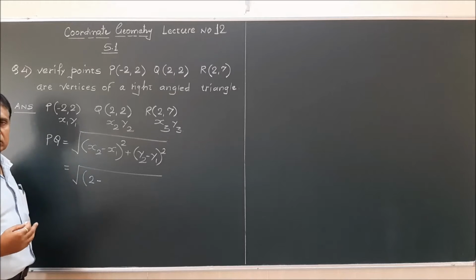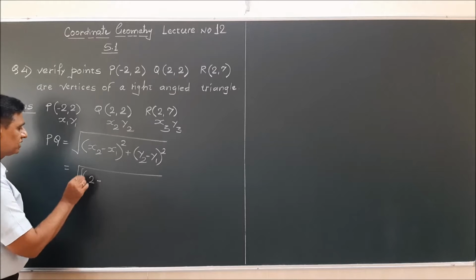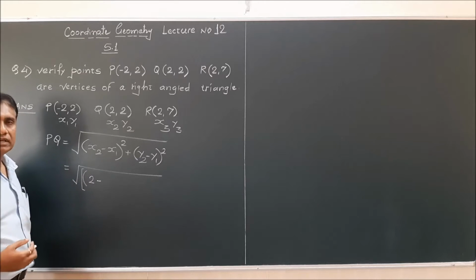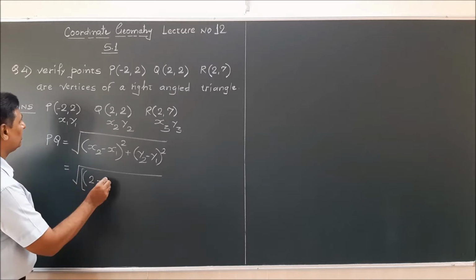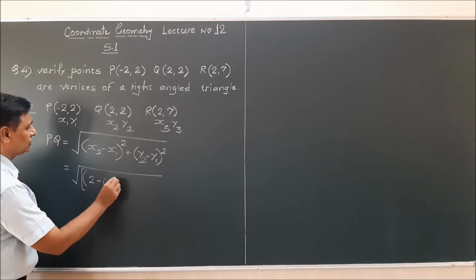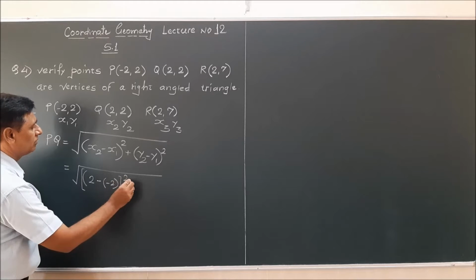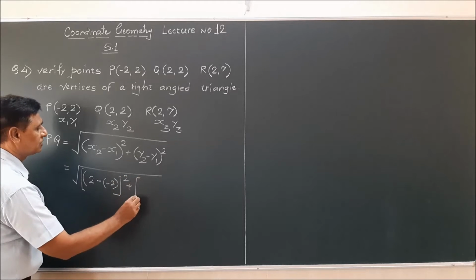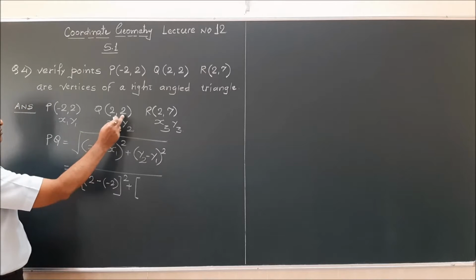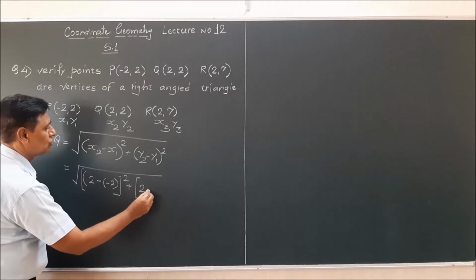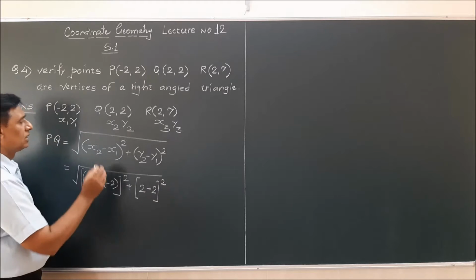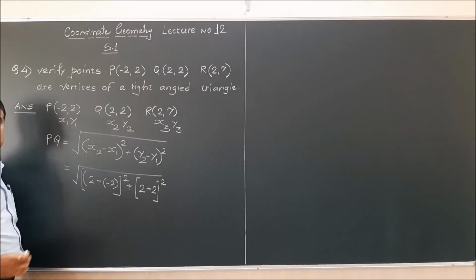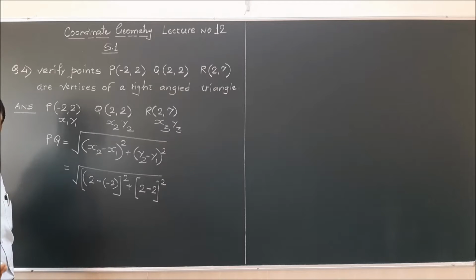As I explained to you yesterday, or in the previous lecture, whenever a coordinate has a negative sign, we must put a bracket for that. So 2 minus (minus 2) the whole square plus (2 minus 2), that is y2 minus y1, the whole square.